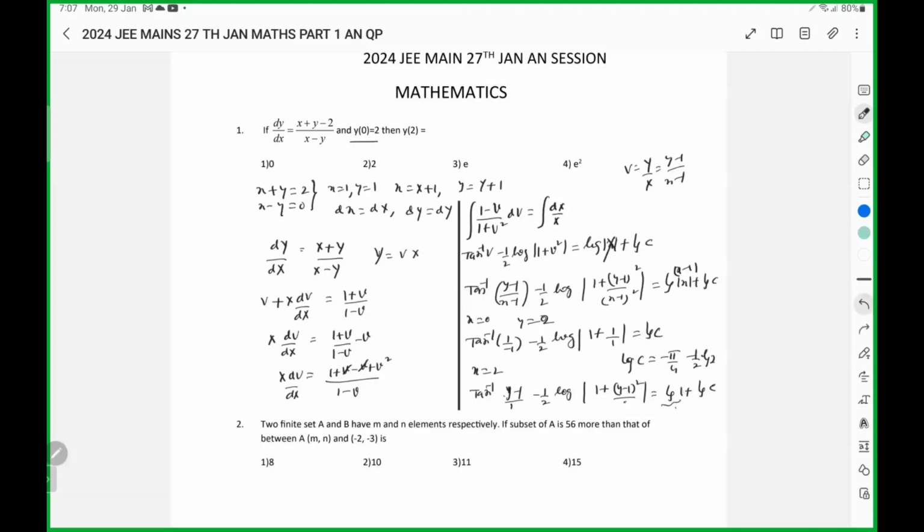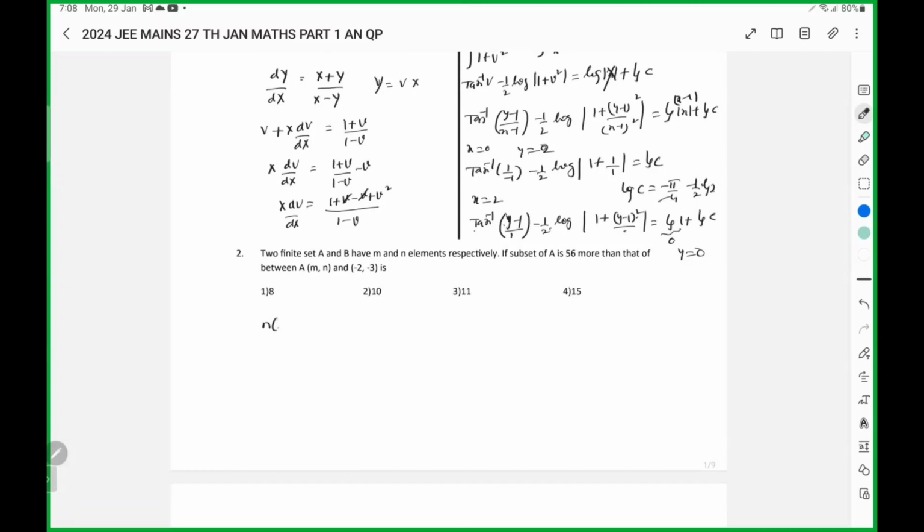Not 2, it is 2 minus 1, right? Log 1 only. And now y you put as 0: tan inverse of minus 1, which is minus pi by 4, minus half log 2, you get. So the answer is y of 2 is 0.